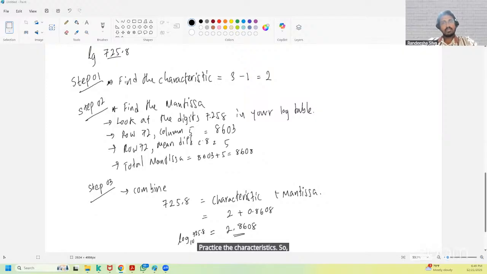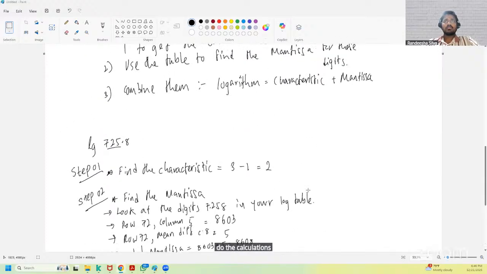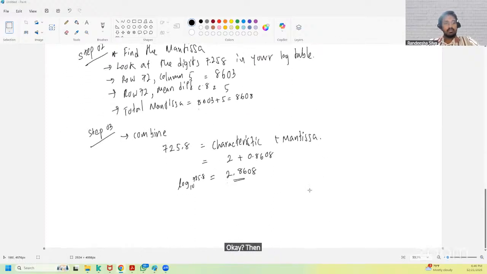It's kind of counting: if the number has 5 digits, the characteristic is 4. If it has 2, then it's 1. I'll give you a few numbers, and you will do the calculations.